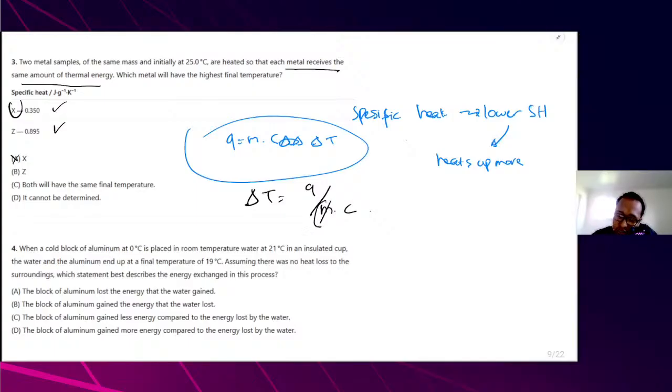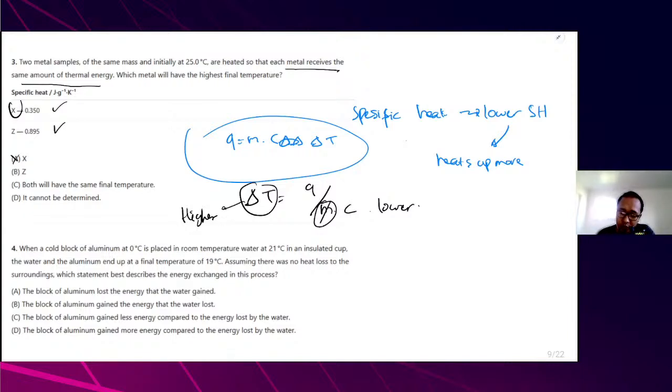The information given is just the mass. If the c is lower, you will get a much higher ΔT. So which one is lower? This one. So X will be the higher one. Okay, the correct answer will be A.